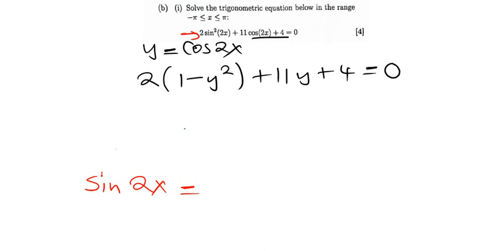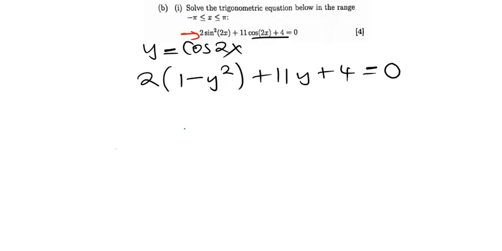This, for example, is basically equal to 2 sine of x cosine of x, so you can see that the double angle has gone when you expand. Okay, now let's get back to business.